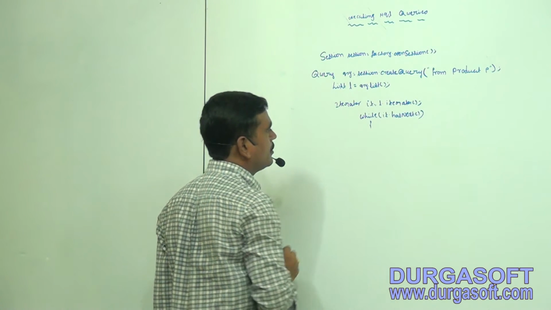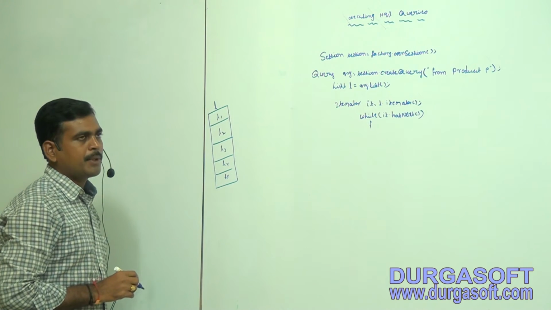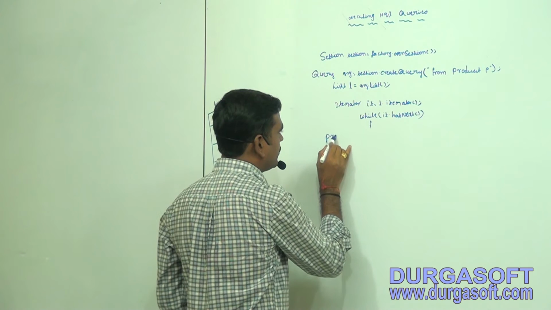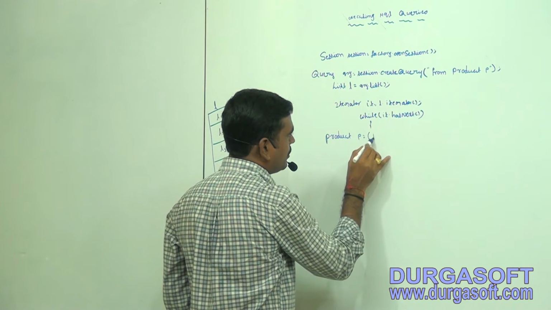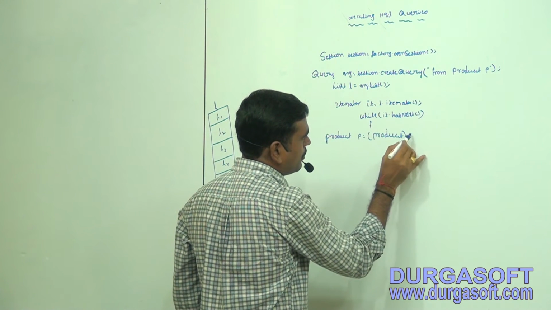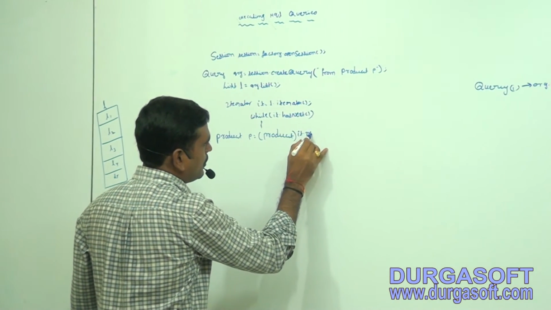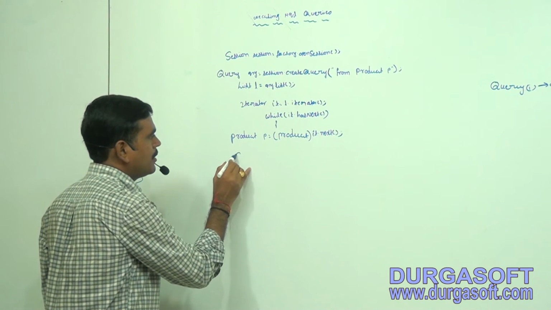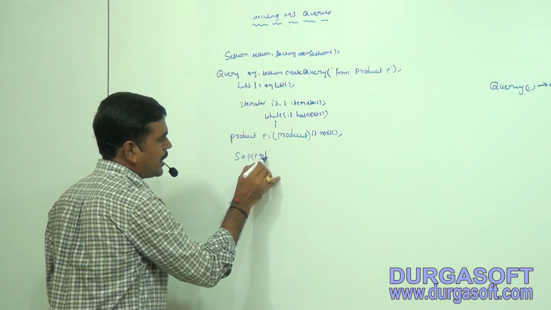After that we need to typecast to which type? Product class, right? Product P is equal to Product of it dot next method.